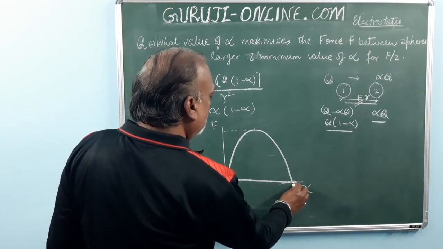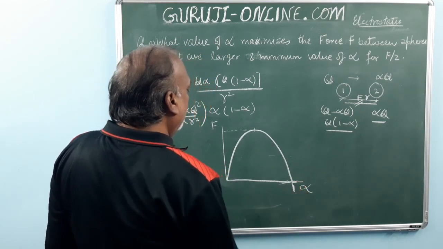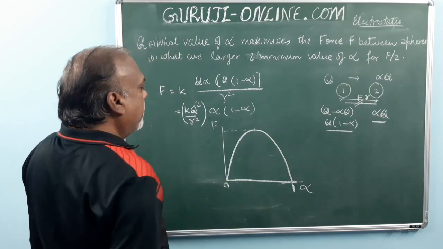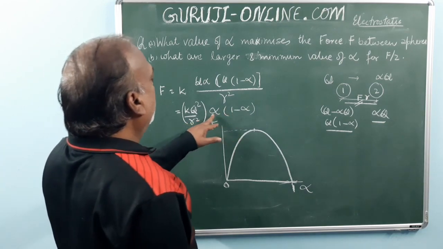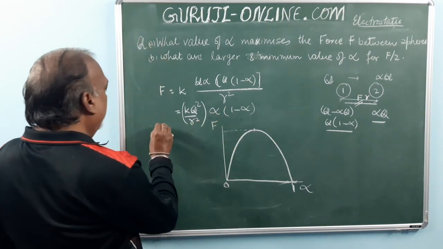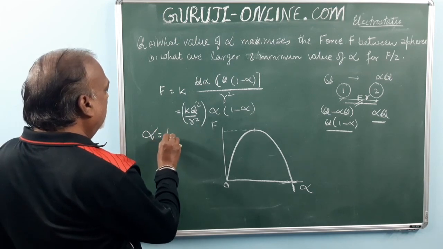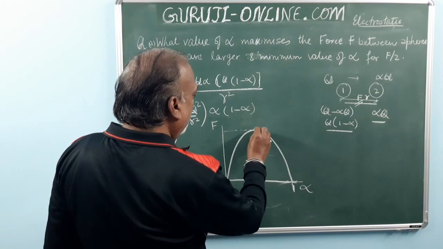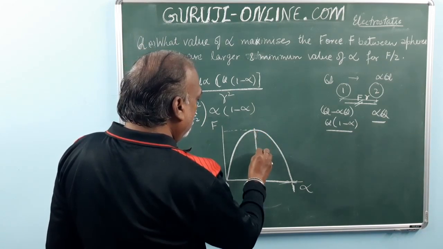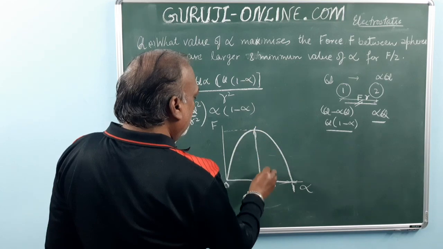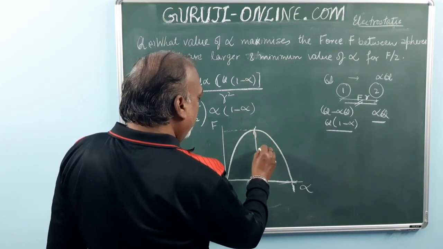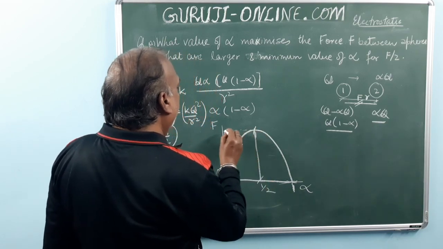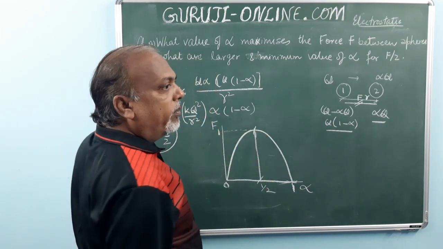So this is basically 0 and 1. Because of symmetry, we can find out that at alpha equal to 1 by 2, this will be maximum. And this is a parabola. So at alpha equal to 1 by 2, this F will be maximum.